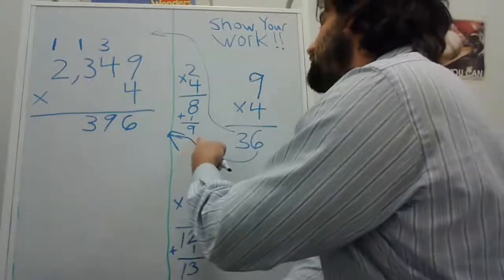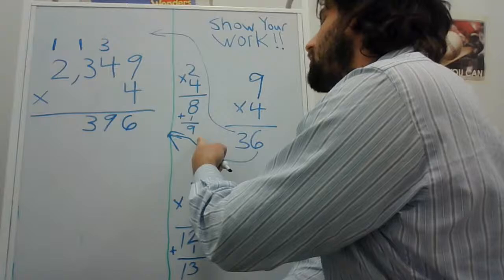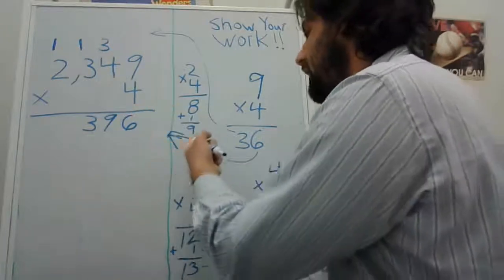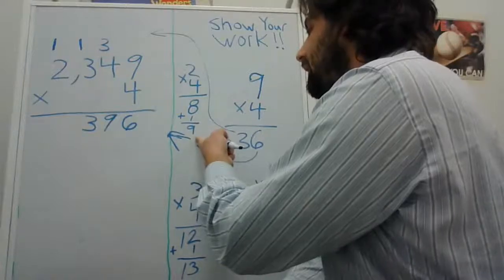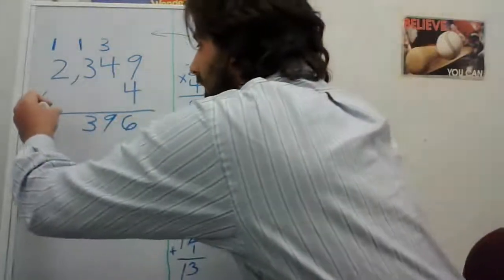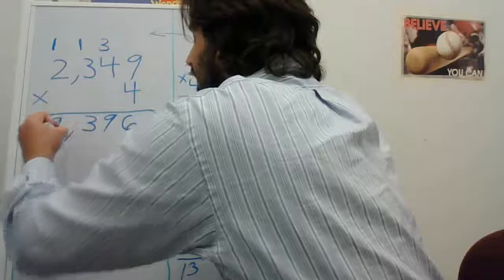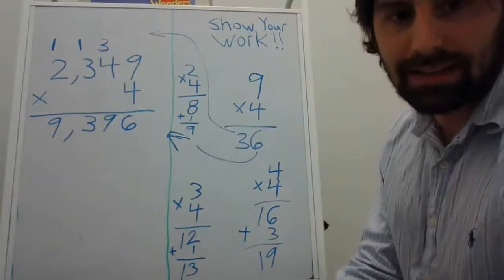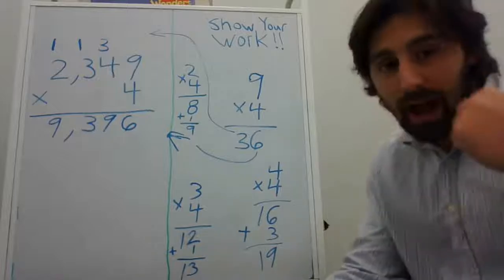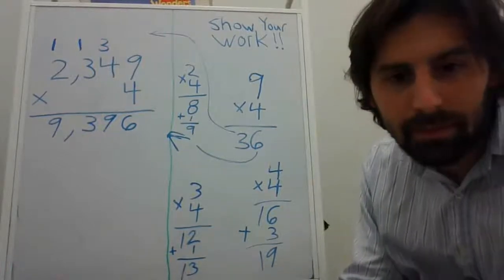Now again, 10 or less, we do not need to regroup. Also, there are no more numbers to carry over. So even if we had a number in double digits, we wouldn't be carrying anything over anyway. But I'm going to put a 9 in the thousands place. And do we have our answer? 9,396.